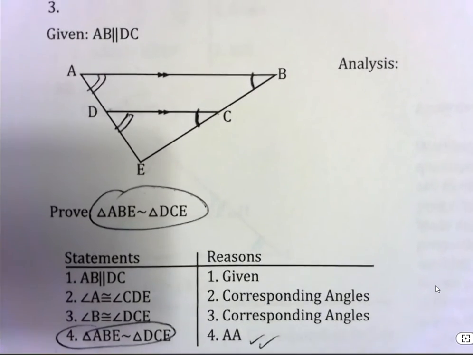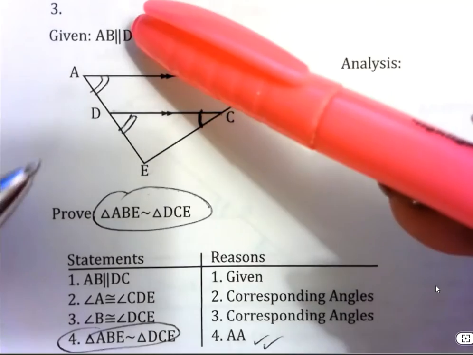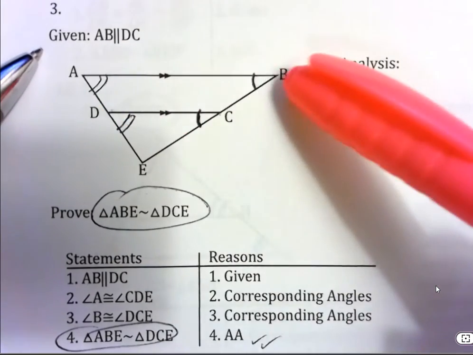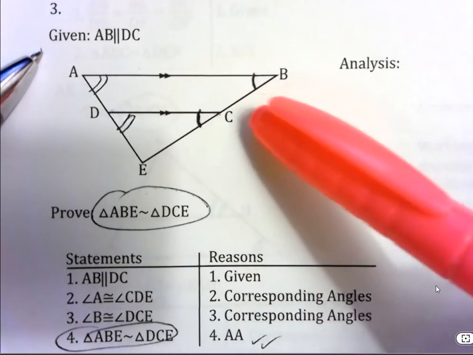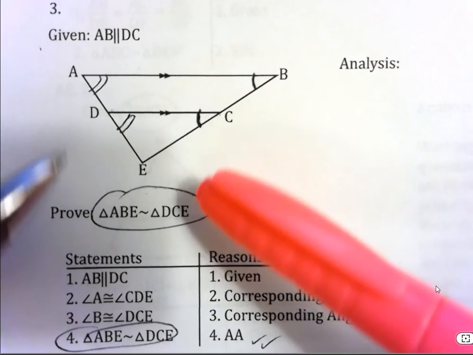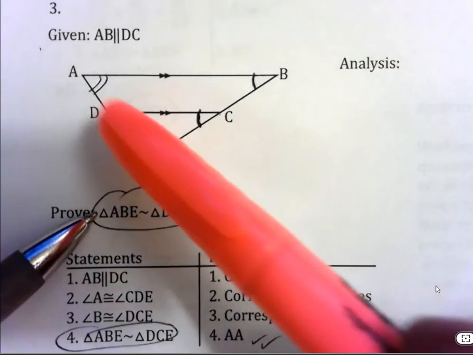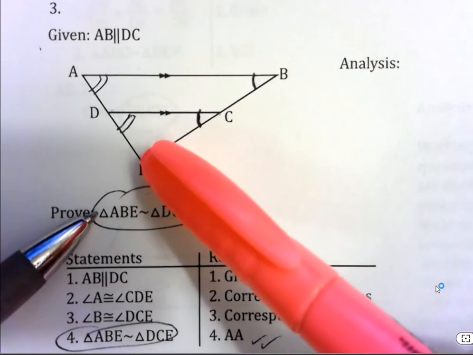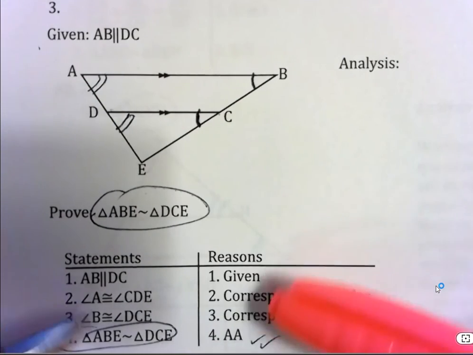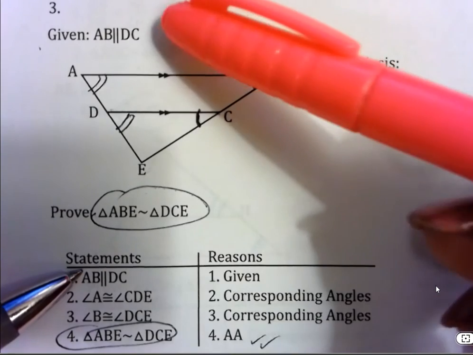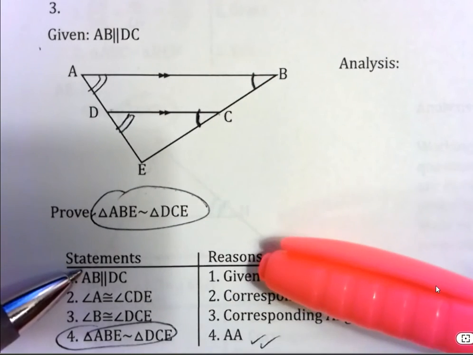Lastly, you are given that AB, this line, is parallel to this line right here. And you're asked to prove that triangle ABE is similar to triangle DCE. You start your proof by writing down what you know. We know that the lines are parallel because it was given to us.